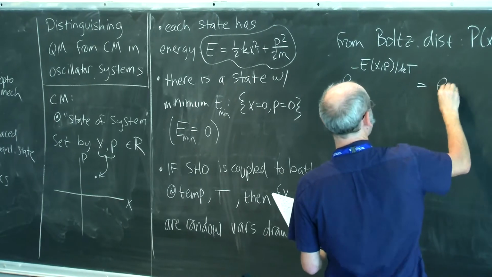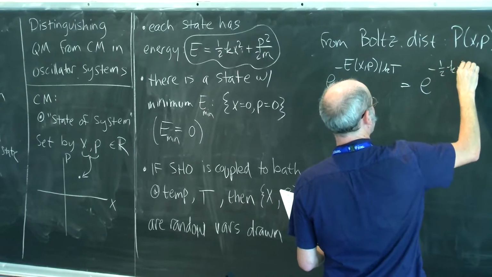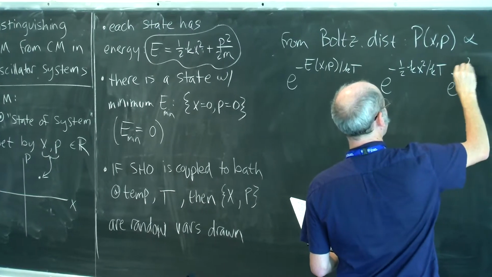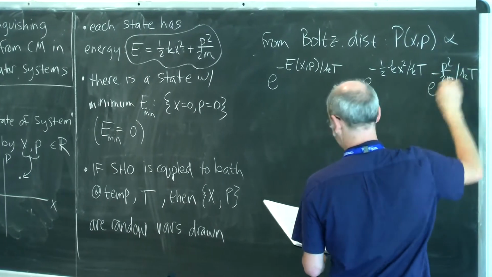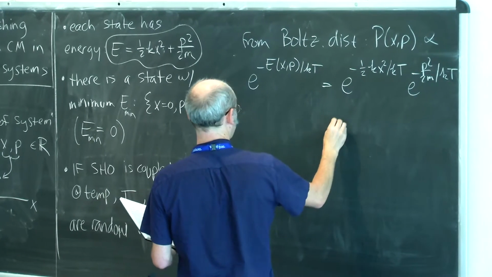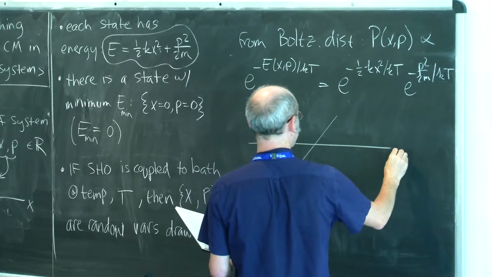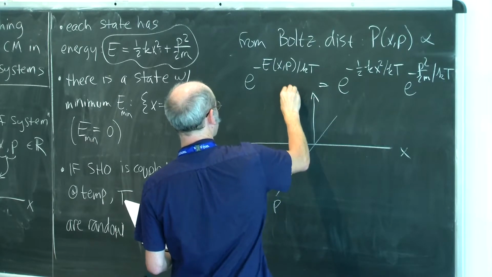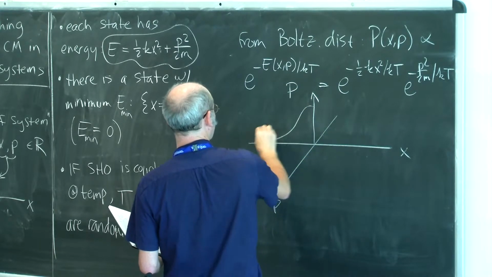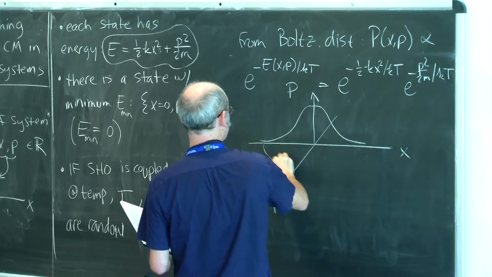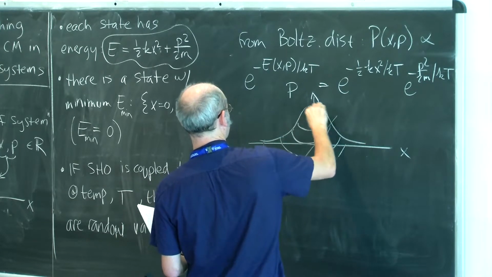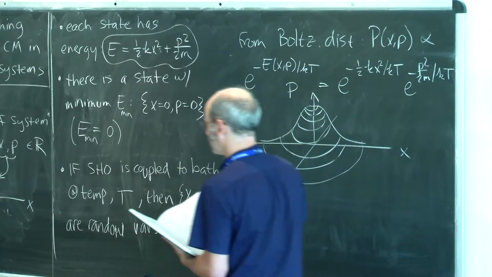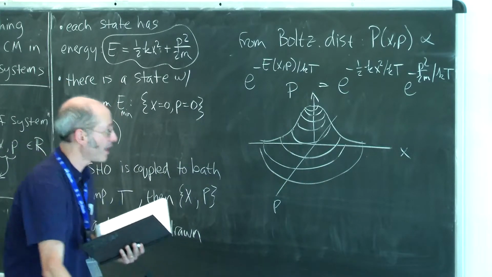So this will basically be e to the minus 1/2 k x squared over kT times e to the minus p squared over 2m kT, which, if I try to make a sort of three-dimensional plot where this is the plane of phase space, and on this axis I plot the probability distribution, will look like a two-dimensional Gaussian. So that's what I wanted to say about the classical oscillator.